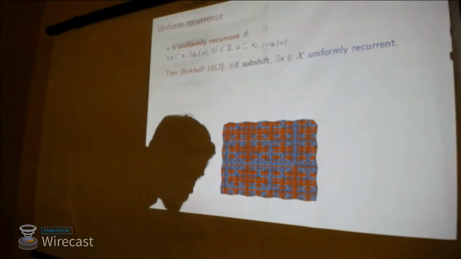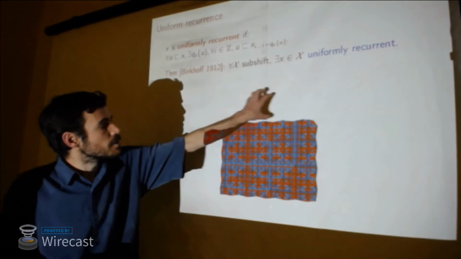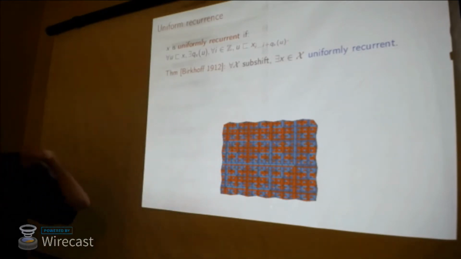If you are in a subshift where you don't have periodic configurations, then you always have uniformly recurrent configurations, which are sometimes called almost periodic or quasi-periodic. Uniformly recurrent means that for every pattern, if I pick one small pattern here, there is some window size such that in every window of this size I will see at least one occurrence of this pattern.